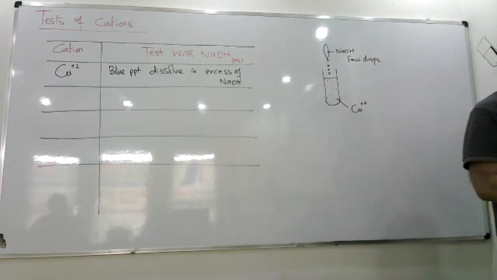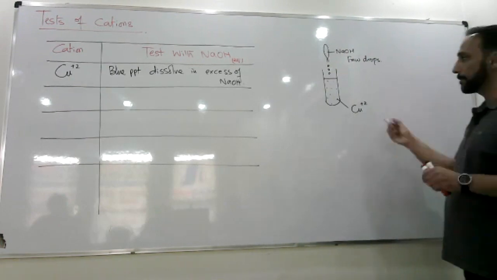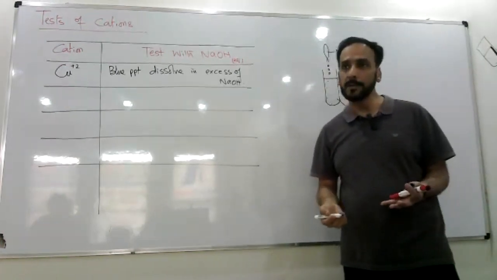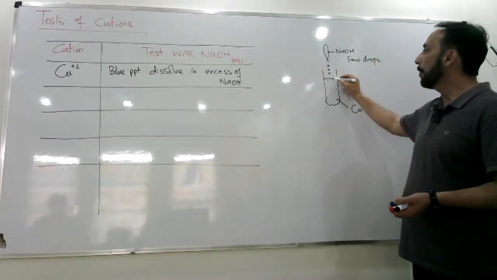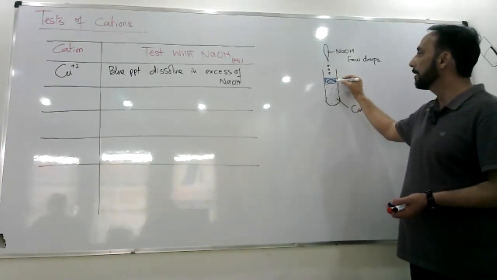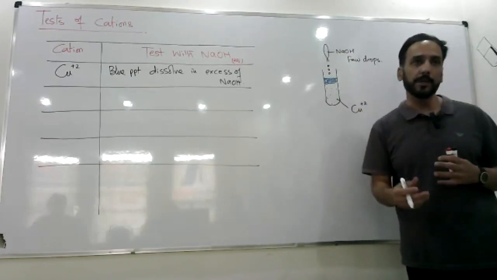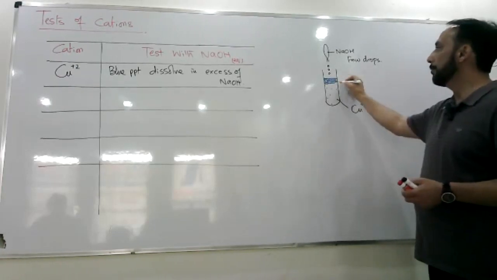So when you add few drops of NaOH into the solution which you feel must have copper ions in it, it forms blue precipitate. Dense gelatinous solid. That's like blue precipitate.